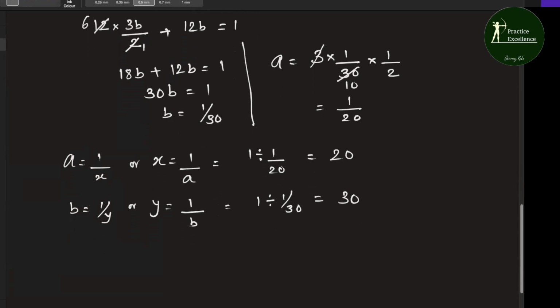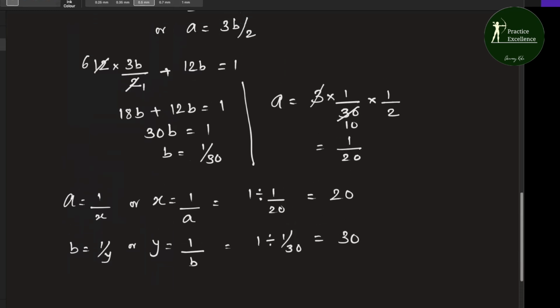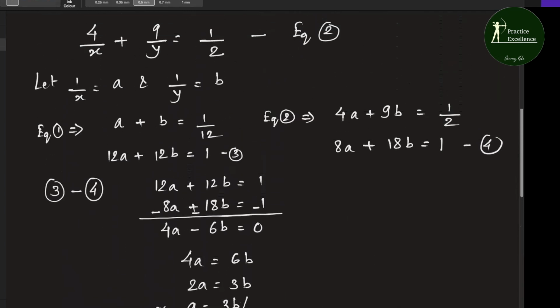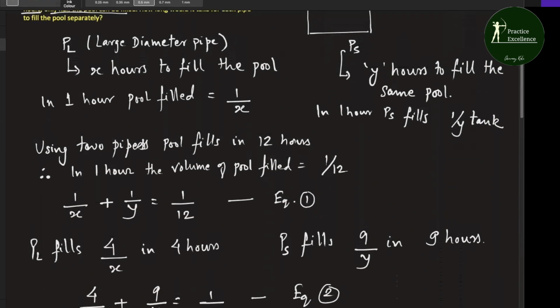Which means what? What was x? x is the number of hours that we assumed right at the front, right? What did we assume? That PL, which is the larger diameter pipe, takes x hours to fill, and PS is the smaller diameter pipe, takes y hours.